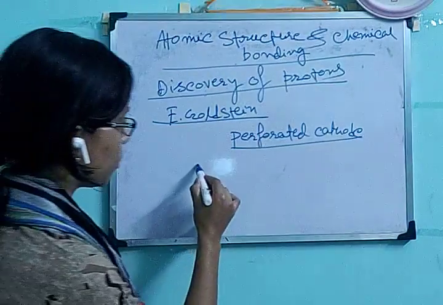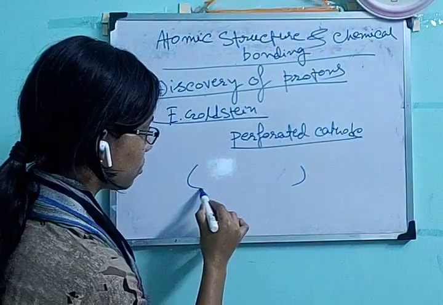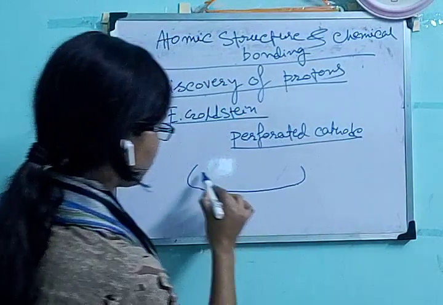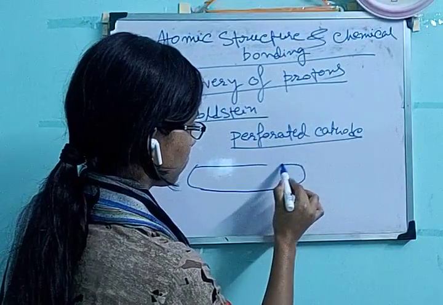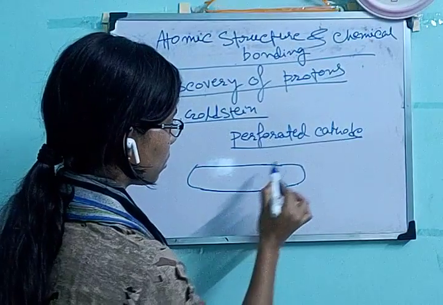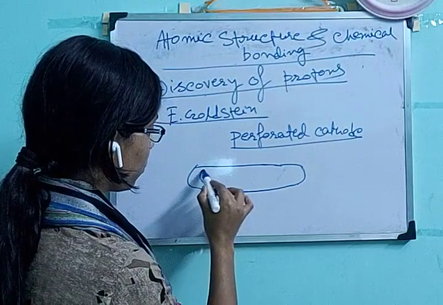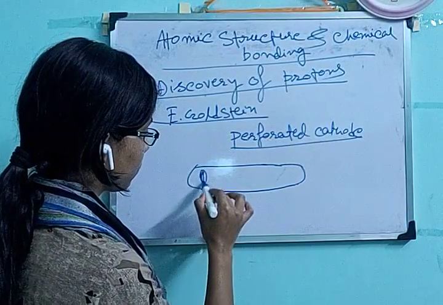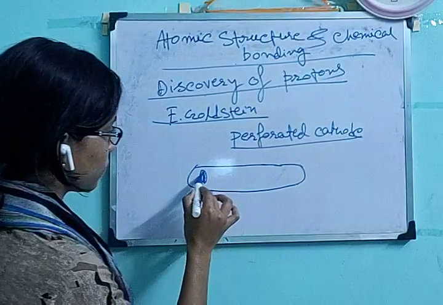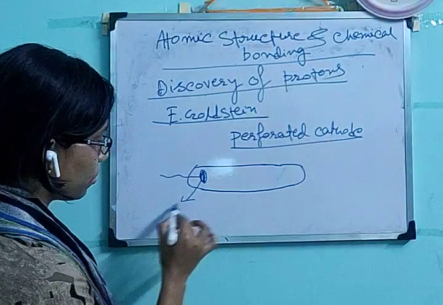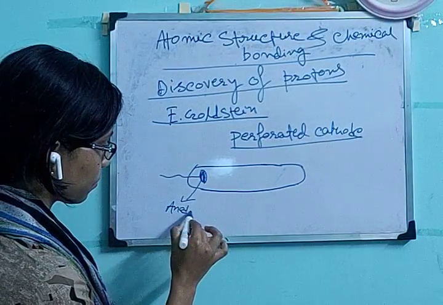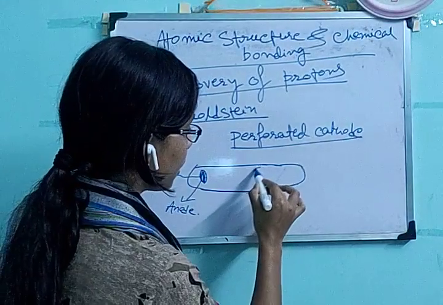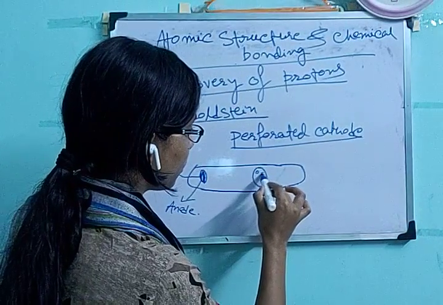So how does it look? Suppose this is the discharge tube. Here exists the anode, and here a perforated cathode is taken.